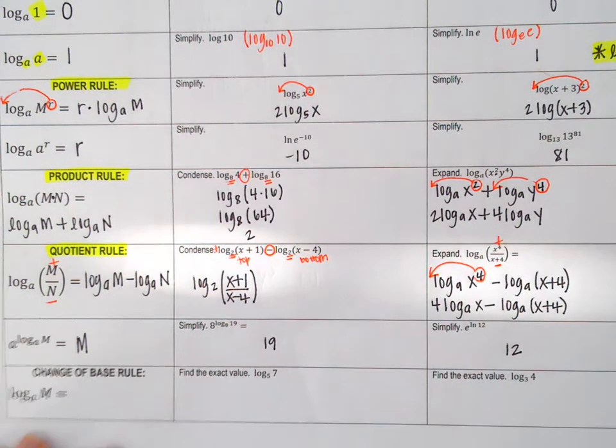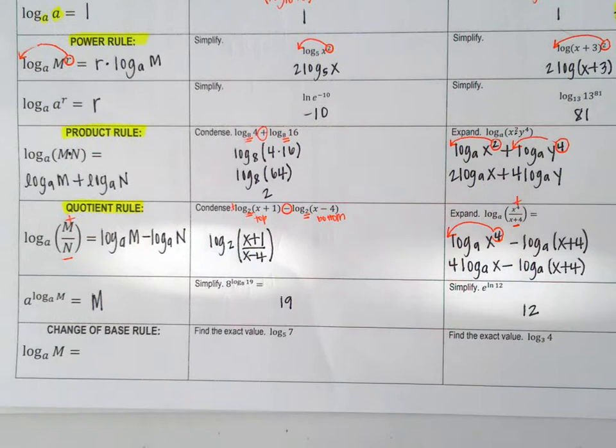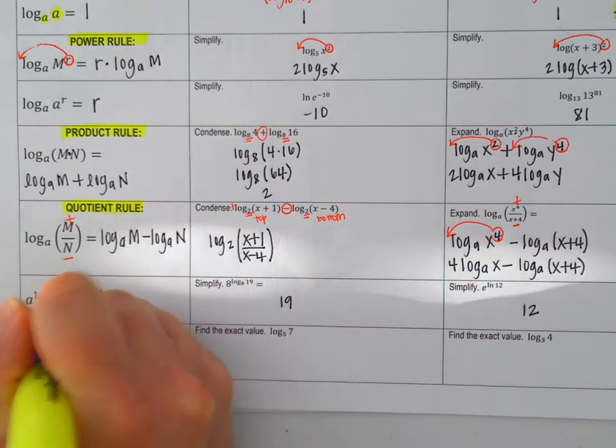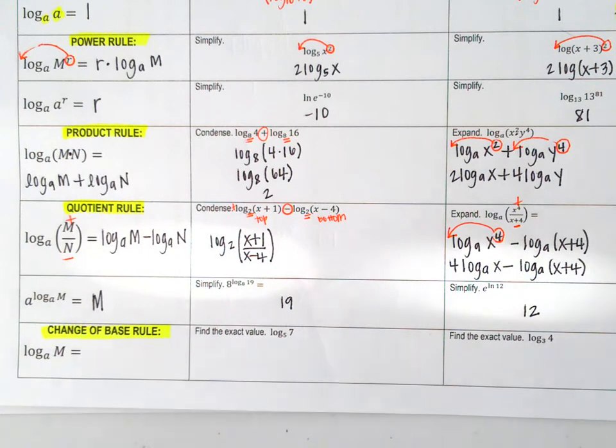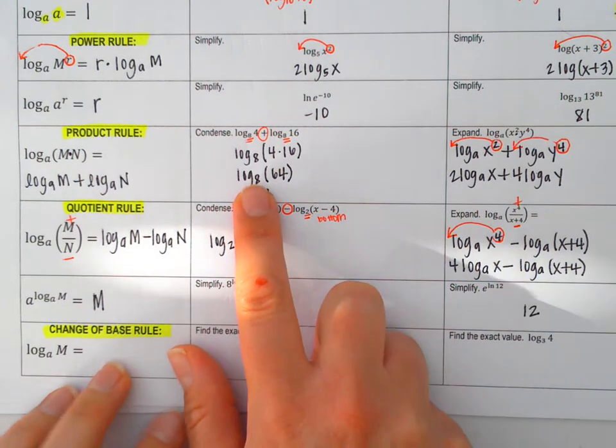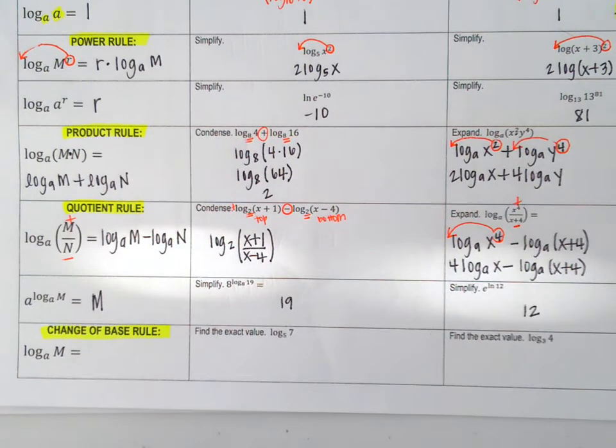Okay, now change of base rule is huge. It's something that is really important, especially in a lot of these where we didn't have base 8. Base 8 isn't one of the ones on every single calculator. ln, we have log base 10, we have ln, but we don't have every single base on every single calculator.